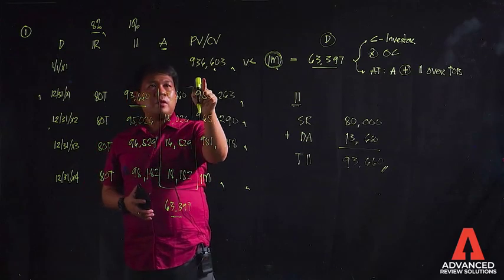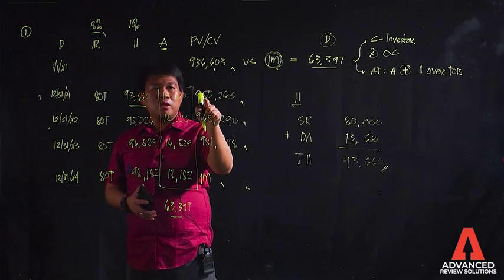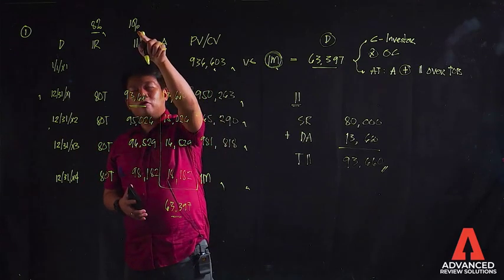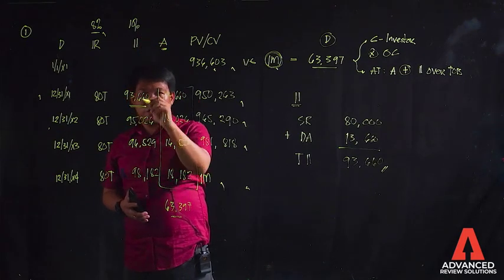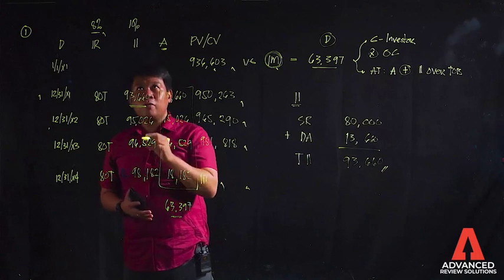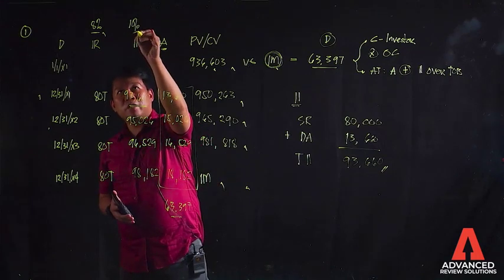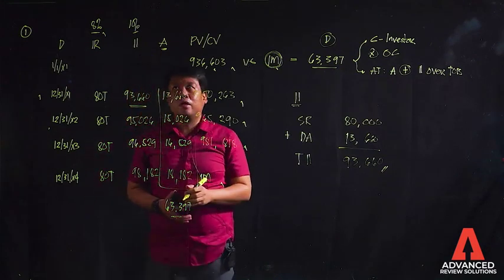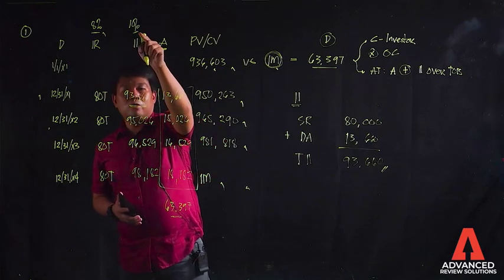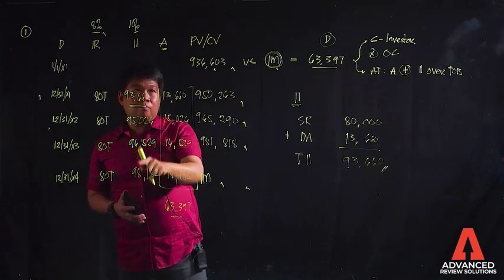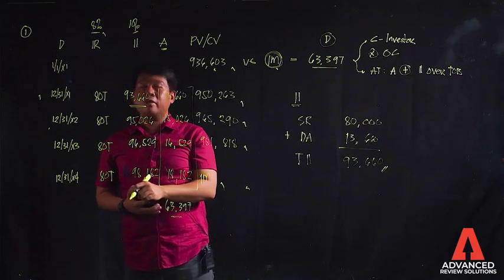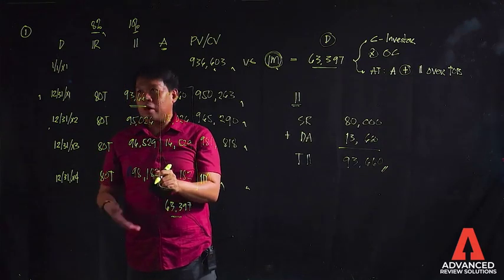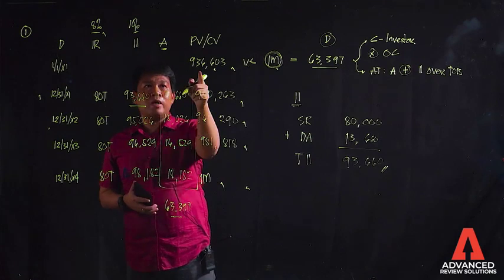Ang gagawin lang pala dyan, sir, pag nakuha mo ito, times the effective rate or market rate, makukuha mo na yung total interest income. The answer is yes. That is why the definition of effective rate na pinag-usapan natin kanina, this is the true or the actual interest income that the bondholder earns. Pero kapag nagturo ka ng undergrad, yung mga kaibigan mo, kapatid mo, wag mo kaagad idediretso dito.